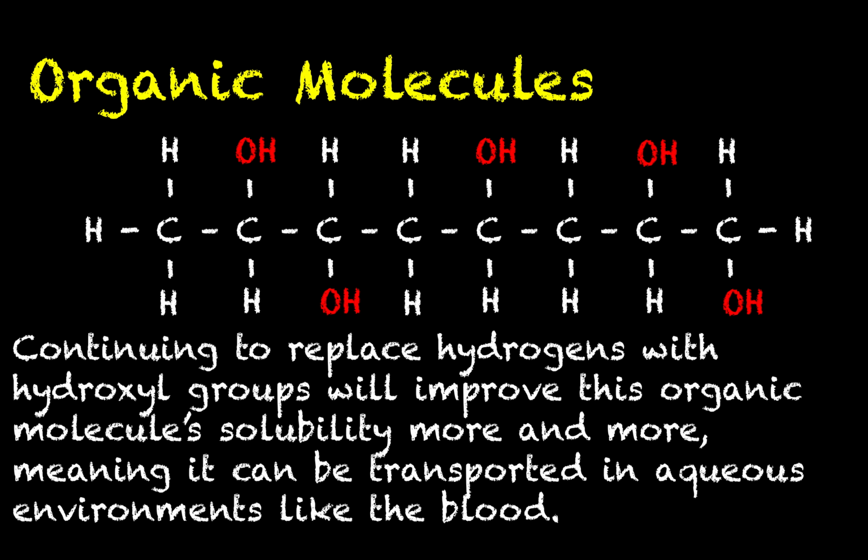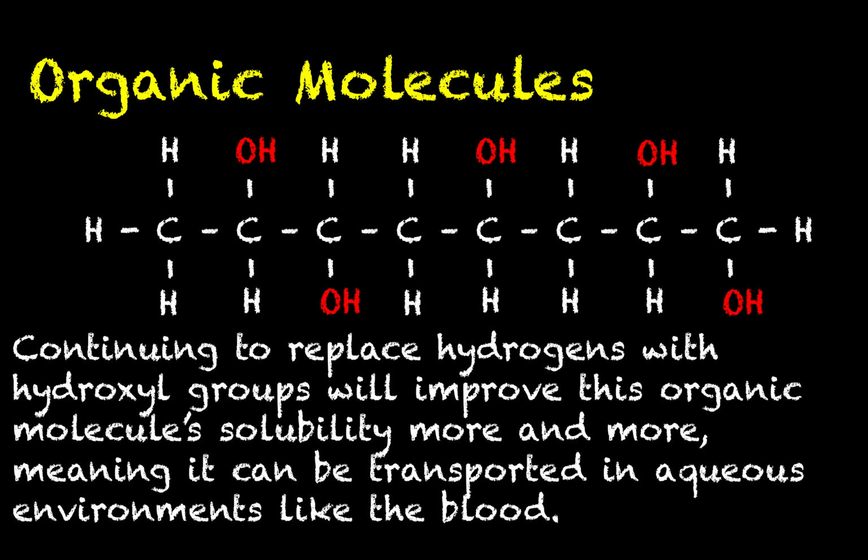So now what you're looking at is we have replaced multiple hydrogen atoms with those polar OH groups. Now water can actually surround this molecule and grab on and interact with it in a number of different places.